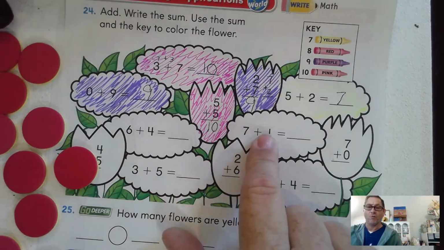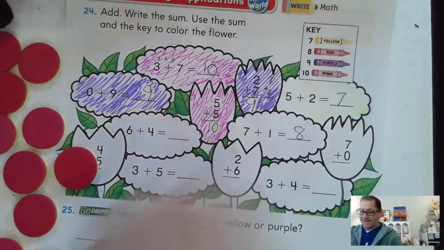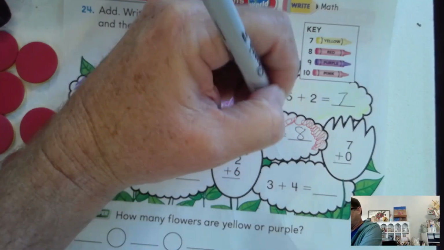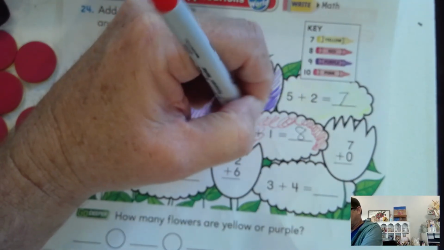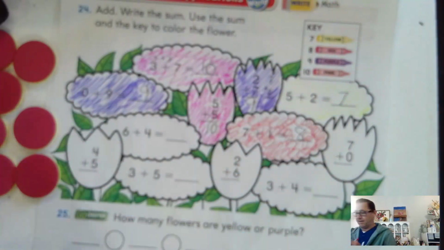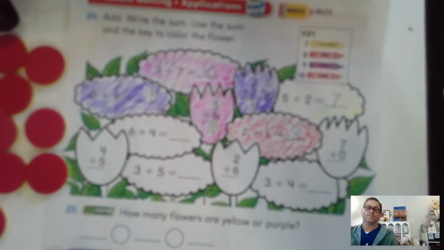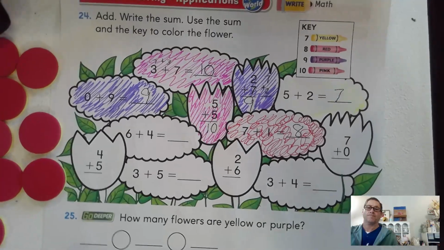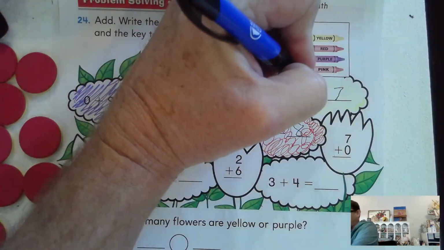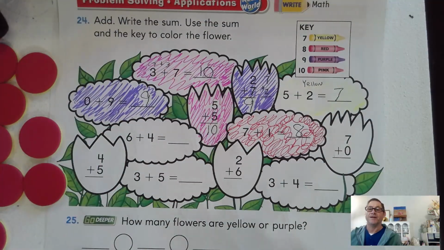Okay, 7 and 1 more. We just count on from 7. What's the next number? 8. And 8 was red. Okay, so this is our first red flower. I'm going to go ahead and write yellow there, just so that you know that I did that problem.